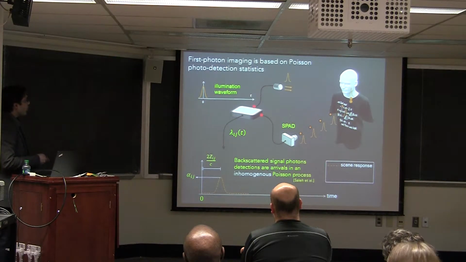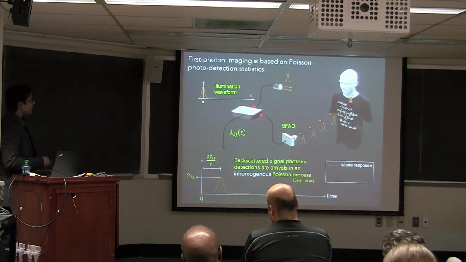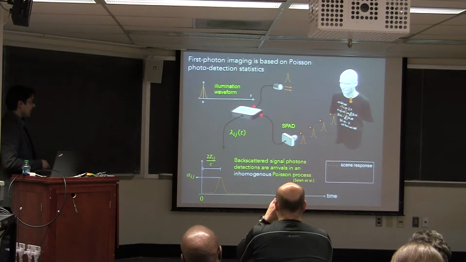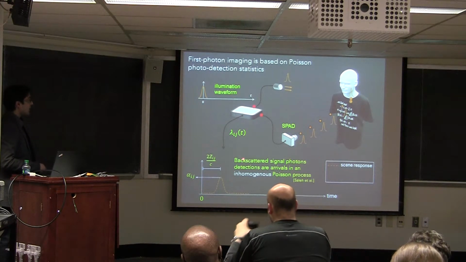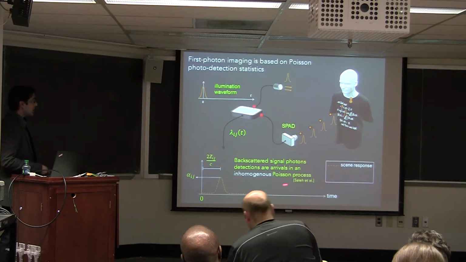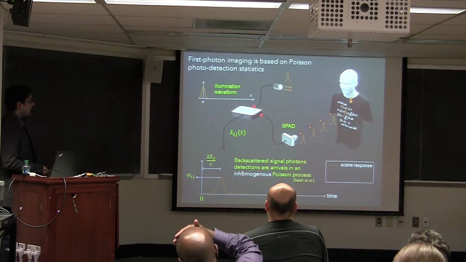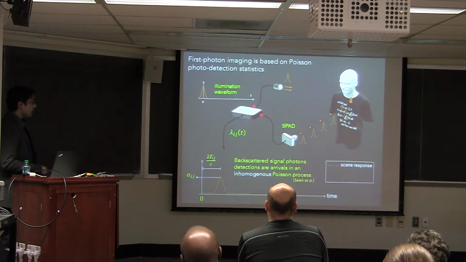So, what we're going to get, in the absence of any background, at the detector, is arrivals in an inhomogeneous Poisson process. By inhomogeneous, I mean that the rate function of the Poisson process is not constant. By default, a Poisson process is homogeneous, meaning that it's constant in time.